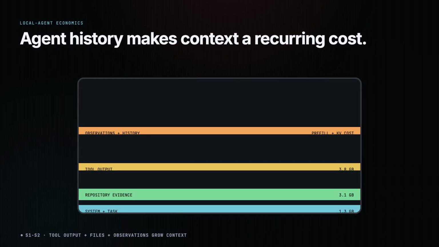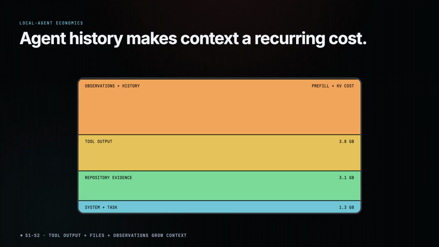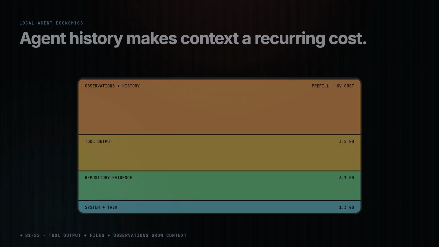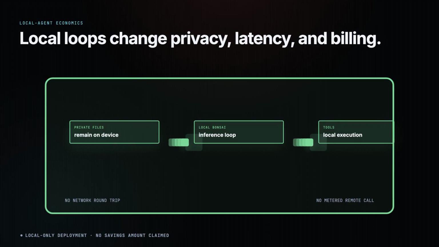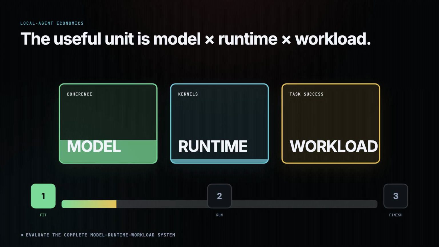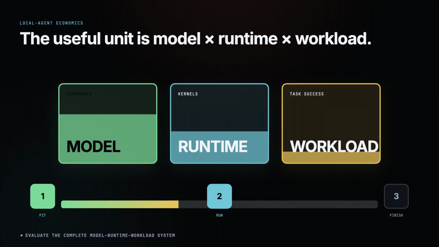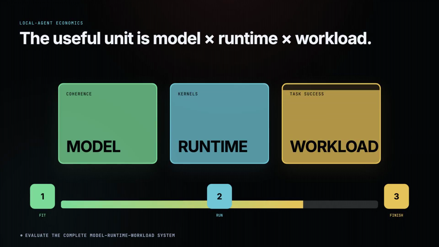Tool output and evidence expand context, making KV cache size and prompt processing recurring costs. When the entire loop stays local, private files need not leave the device, network round trips disappear, and repeated calls avoid a metered remote API. But the best local agent is not the model with the smallest download. It is the model runtime pair that fits, stays coherent, and finishes the workload efficiently.